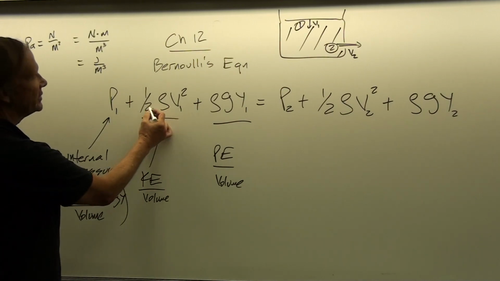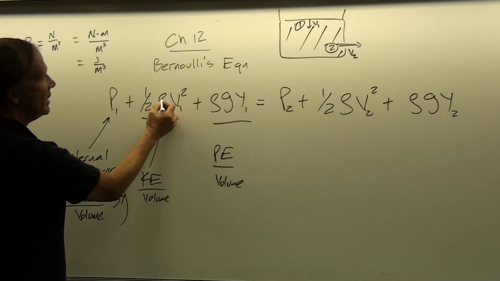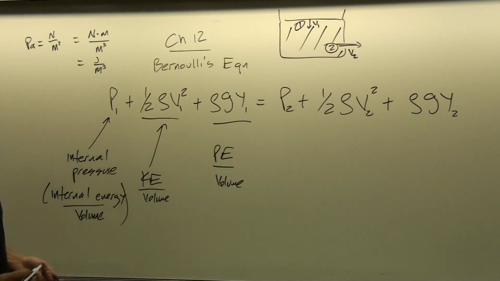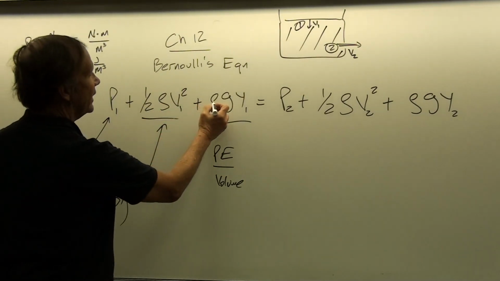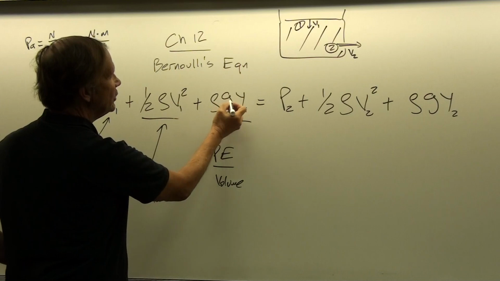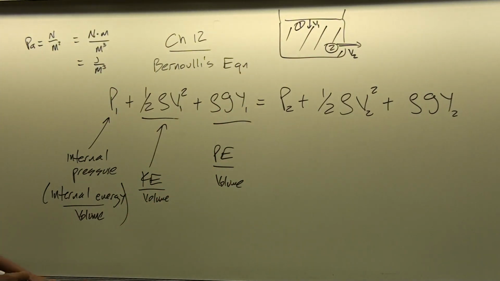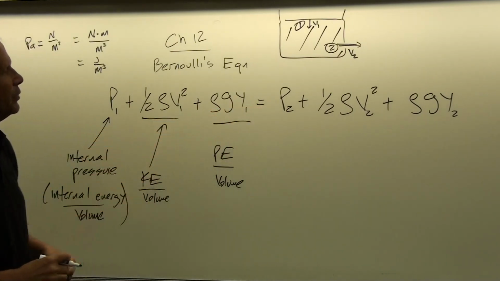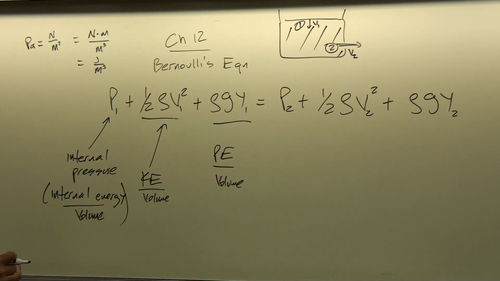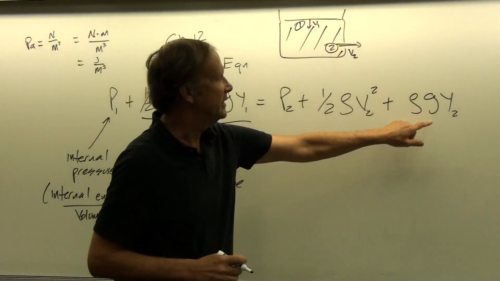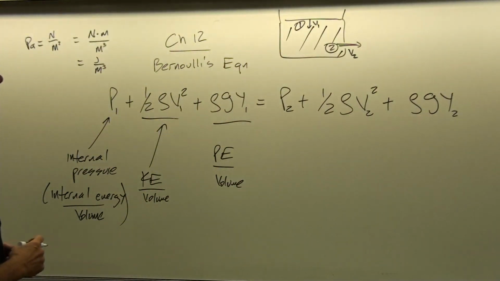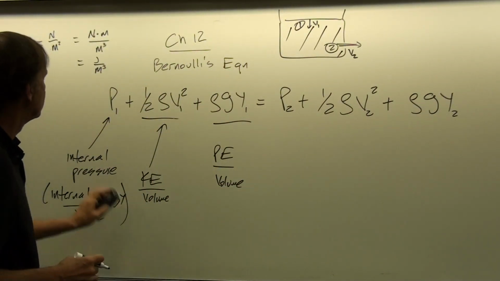Because you notice here, this looks like 1/2 mv squared, but mass over volume is density. And then this looks like rho g y, that looks like mgy over volume. So that's potential energy per unit volume. And so then that would be equal to the pressure and the velocity and the height of the fluid column, essentially, at some other point in the medium.